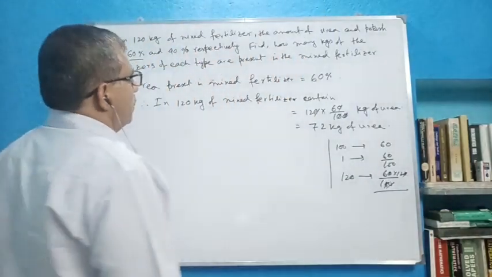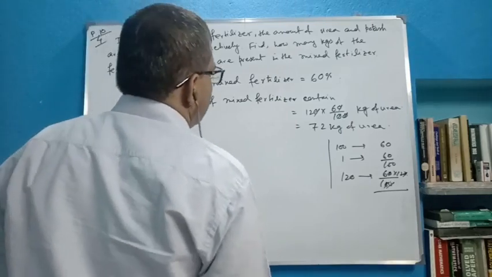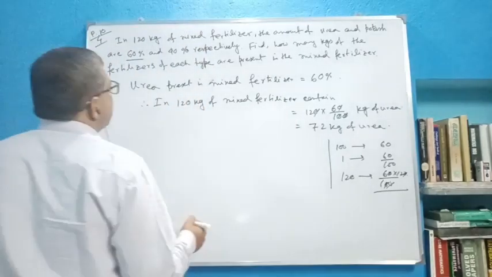Similarly for potash, 40% potash is present in the mixed fertilizer.